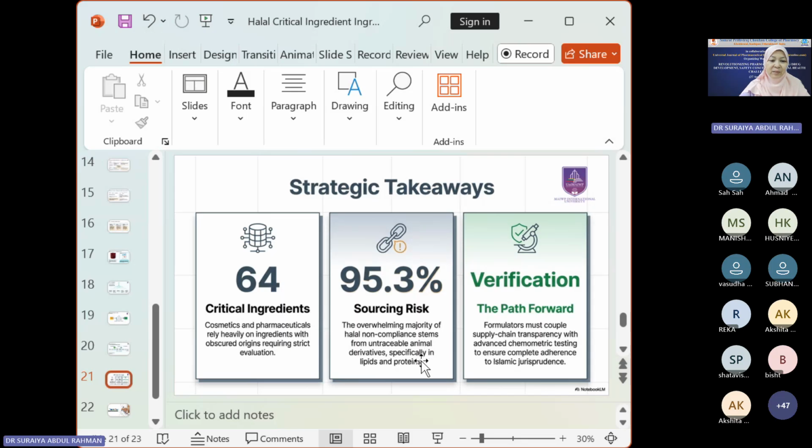And 95.3% of the non-halal compliance cases are due to animal-based origin or derivatives, specifically in lipids and protein-based ingredients. Hence, in order to go for halal certification, formulators must really check supply chain transparency and combine it with advanced lab analysis to ensure complete compliance with Islamic jurisprudence.